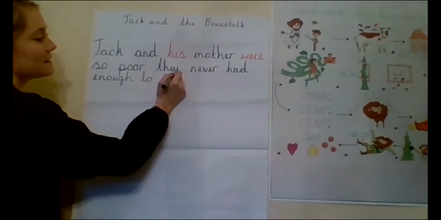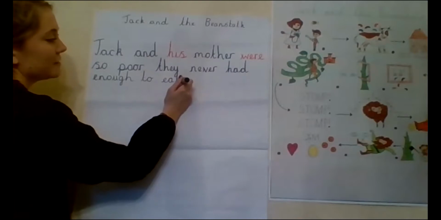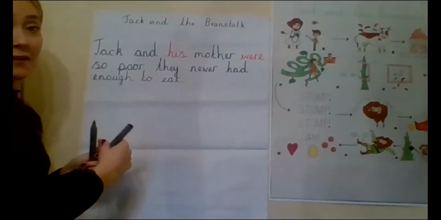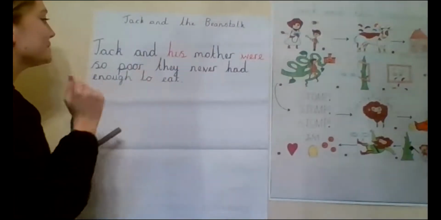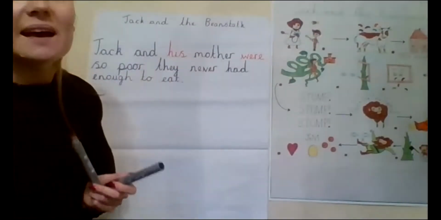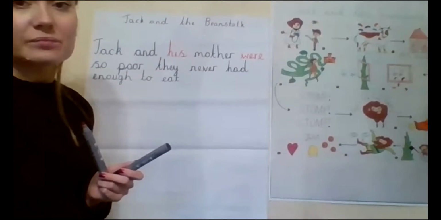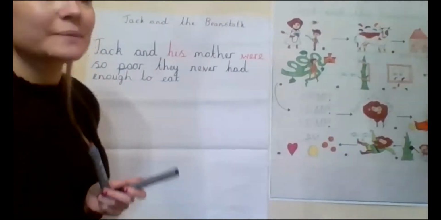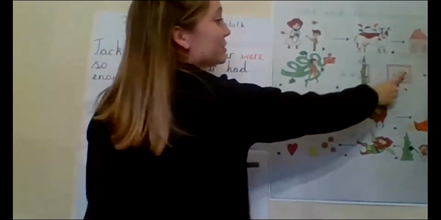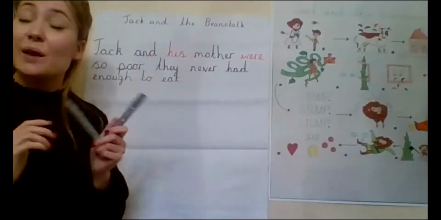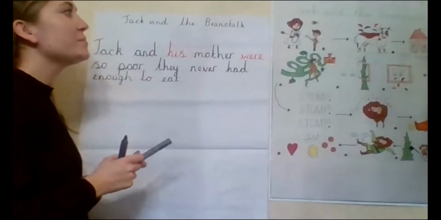Full stop. And now I've made my full stop very neat and on the line as well. Jack and his mother were so poor they never had enough to eat. Hoping you can see that. Then I'm going to do this one, and then I'm going to let you do these last three sentences in your writing, okay?